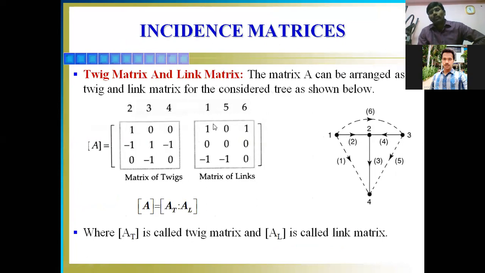Matrix of twigs, matrix of links. So this A can be divided into two parts: A equals AT and AL, where AT is called the twig incidence matrix and AL is called the link incidence matrix.